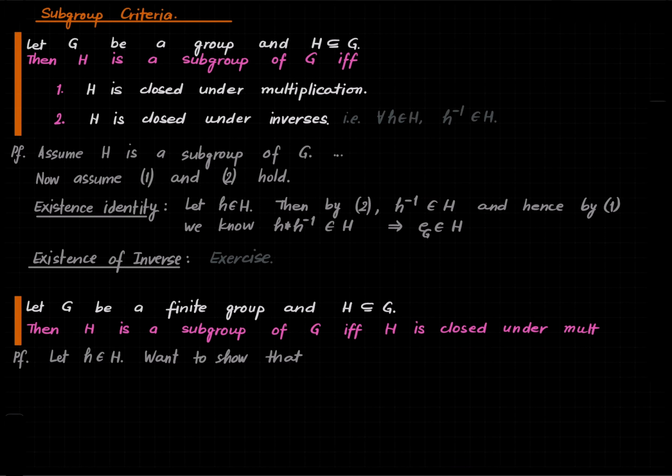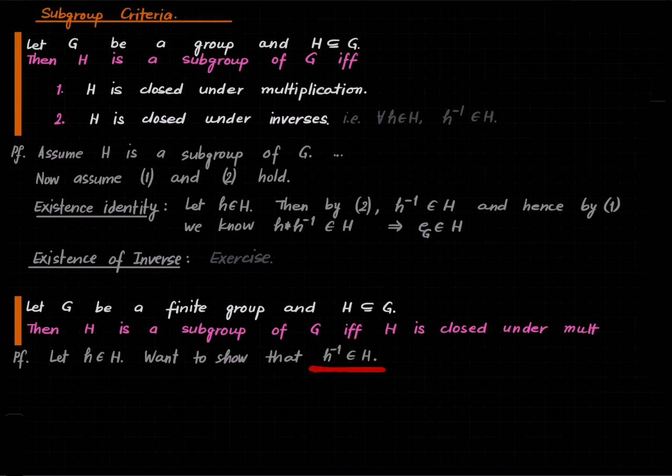And now to show that H is a subgroup, all we need to verify is the second condition, because the first condition is already there in the hypothesis. So that is what we are doing, and we want to show that h inverse is in H, and of course when I write h inverse, I mean the inverse of h in G, because I can't even talk about the inverse of little h in capital H right now.